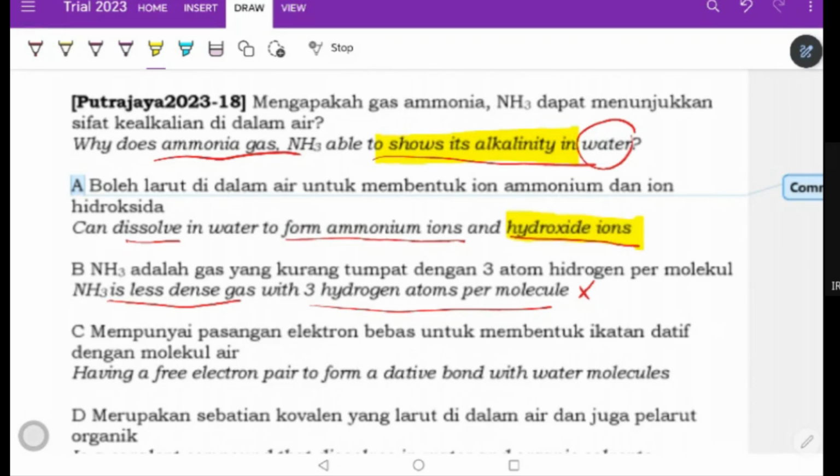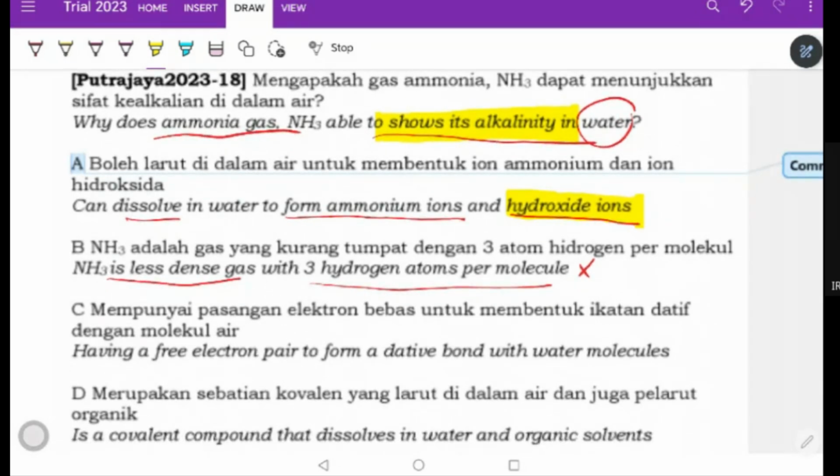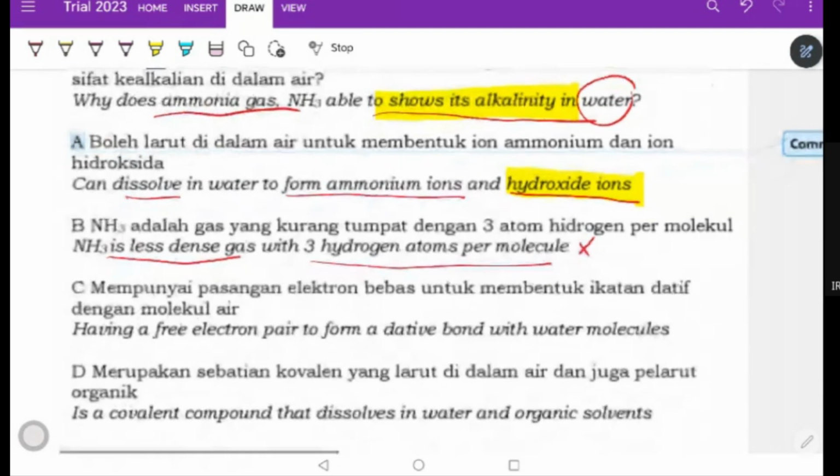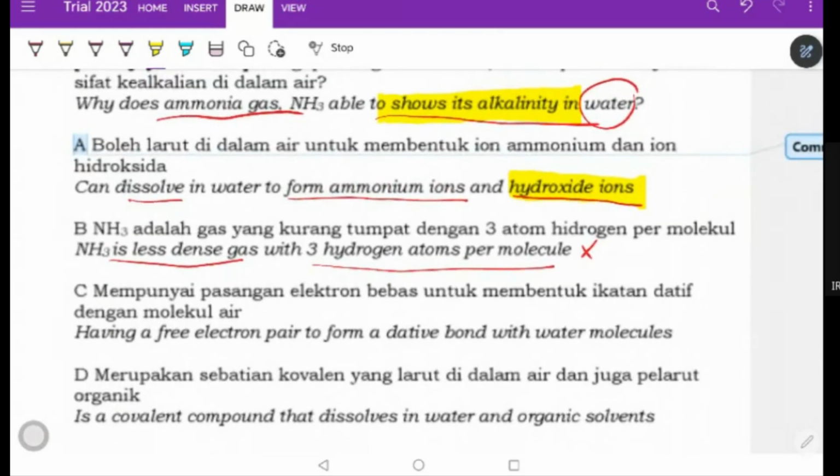For alkaline, you must have the hydroxide ion. Having a lone pair of electrons to form a bond with the water molecule does not show the hydroxide, so the answer is wrong. Dissolving in water, but no hydroxide. So only A is correct.